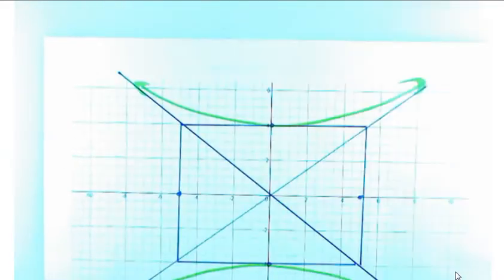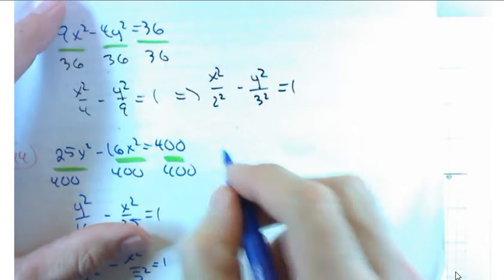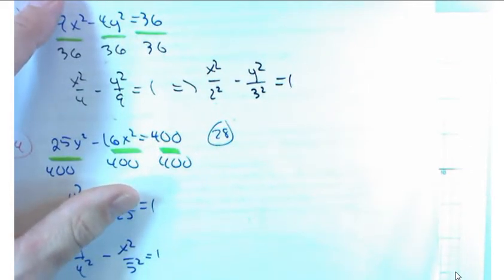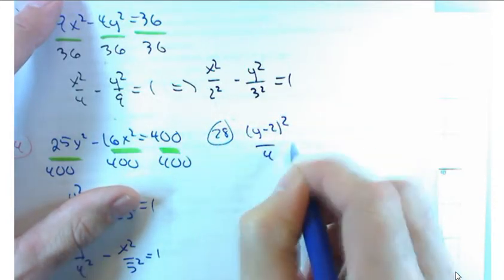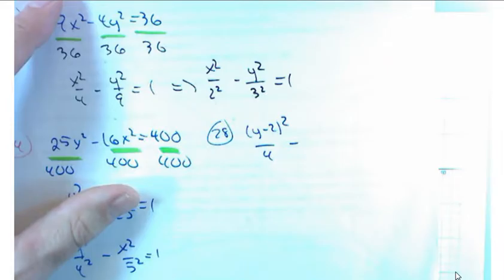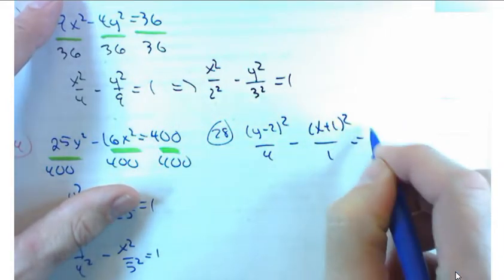Okay. Let's try one last one. Problem number 28. So 28 looks like this. y minus 2 squared over 4 minus x plus 1 squared over 1 equals 1.